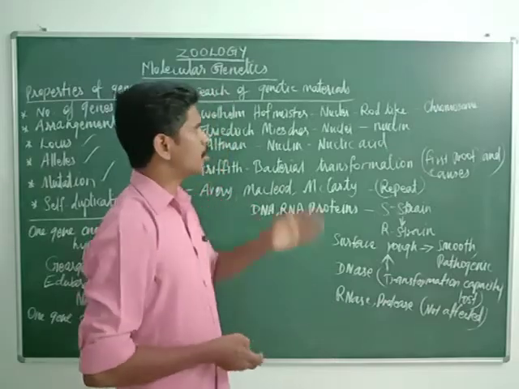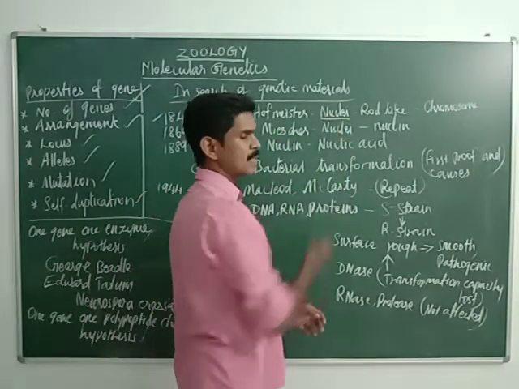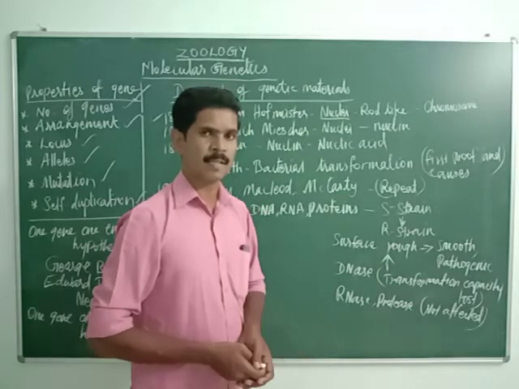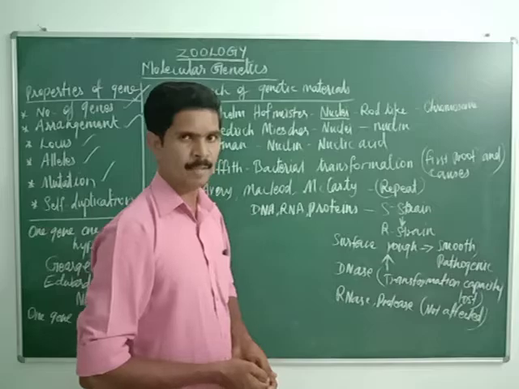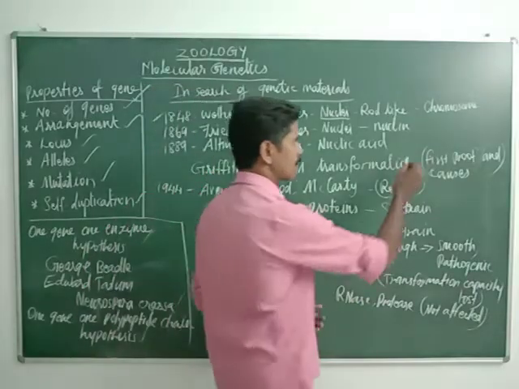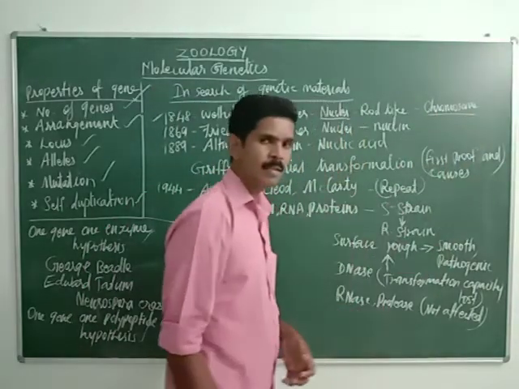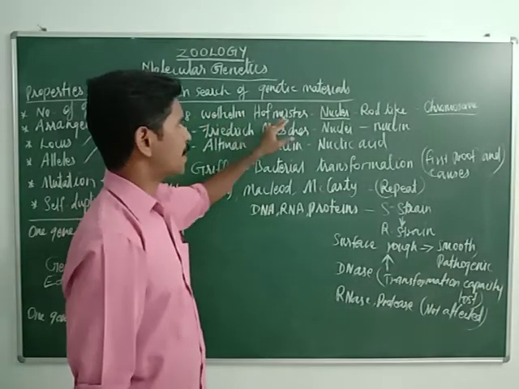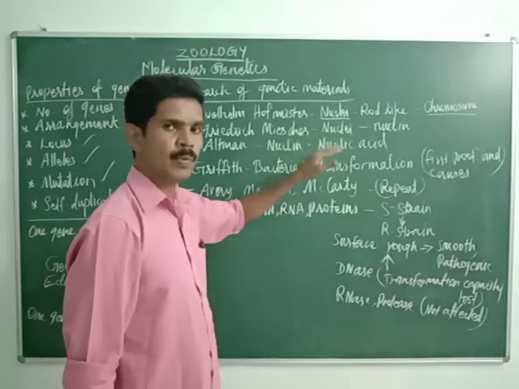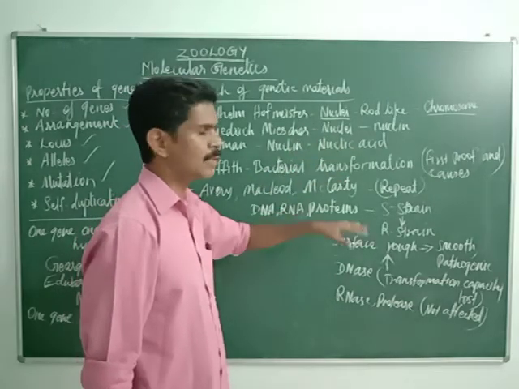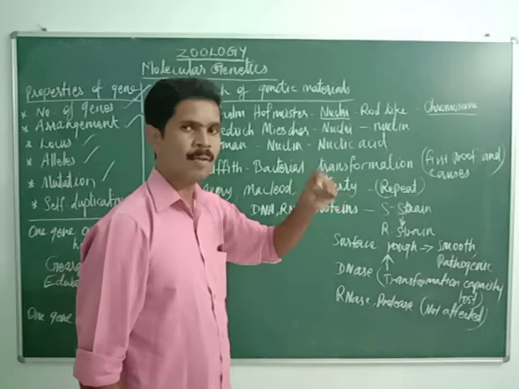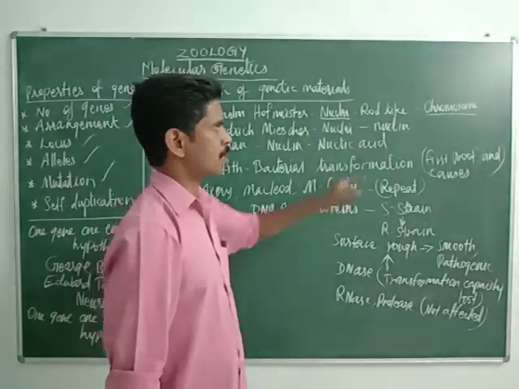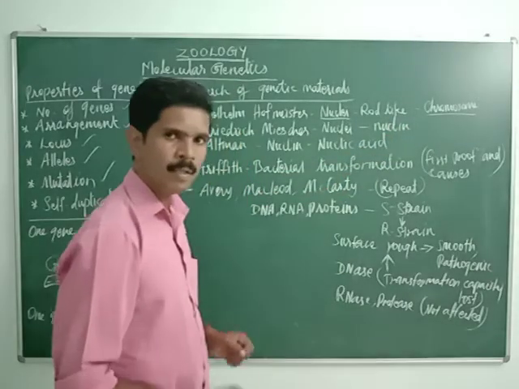The nuclei of the cell sometimes changed into a rod-like structure during mitosis cell division, and this structure is now called a chromosome. So in 1848, Wilhelm Hofmeister observed that the nucleus of the cell is converted into a rod-like structure during mitosis, and this structure is called a chromosome.